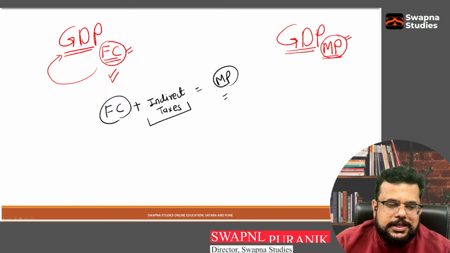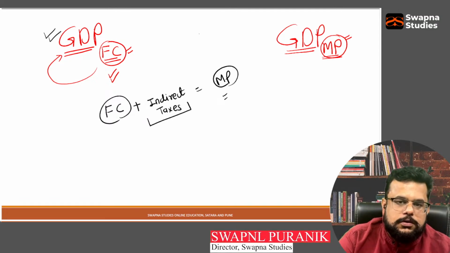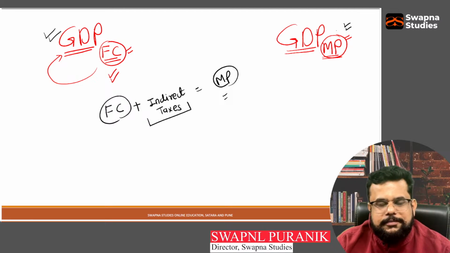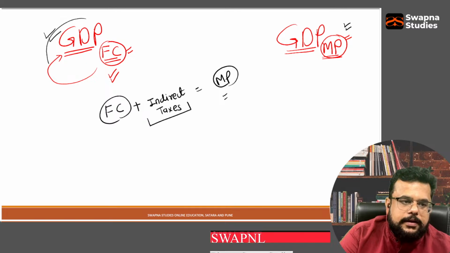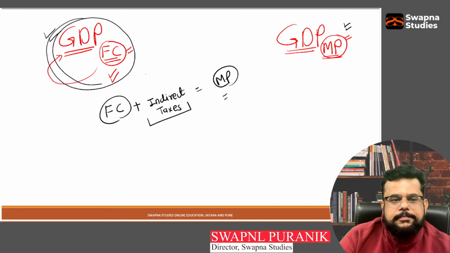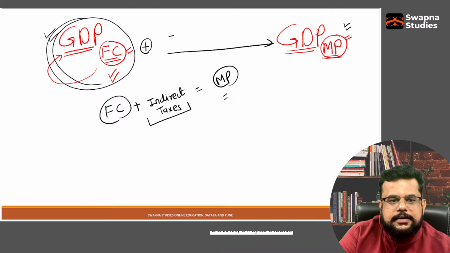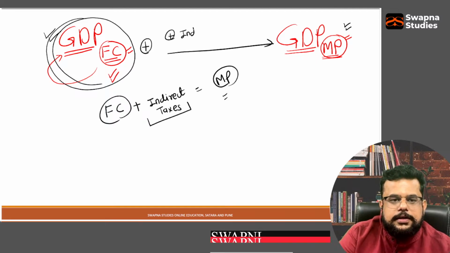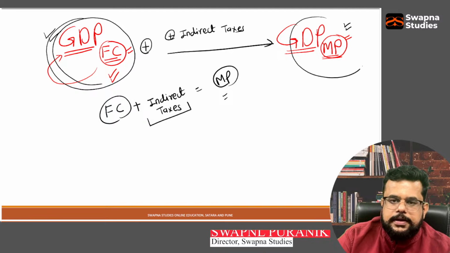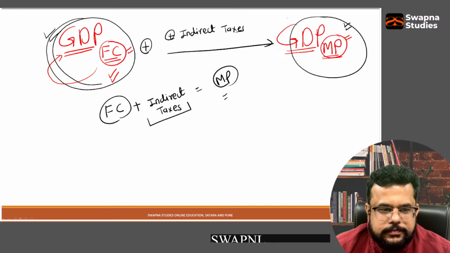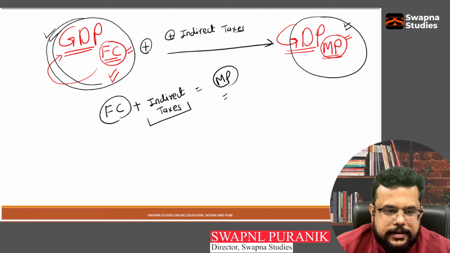तो अब रिलेशन क्या होगा? GDP at factor cost and GDP at market price, इसमें रिलेशन क्या होगा? जब आप GDP at factor cost अगर आपके पास है और उसमें अगर आप indirect taxes ऐड करते हो, all the indirect taxes, then you get GDP at market price. समझ में आया? ये बताइए, कमेंट करके बताइए.